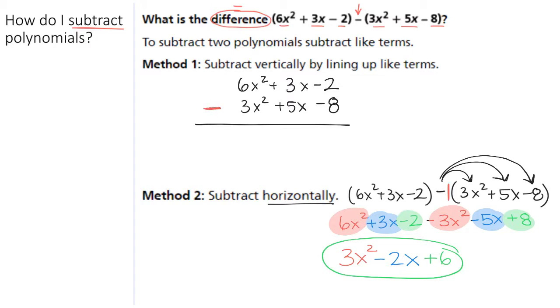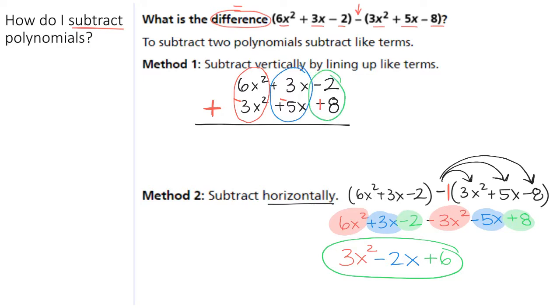So instead of subtracting, I like to think about adding the opposite of all of my second terms, or my second polynomial. Once you get that, and that's essentially like distributing a negative, you're combining like terms within your rows.